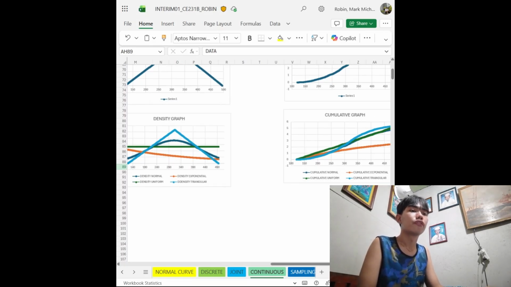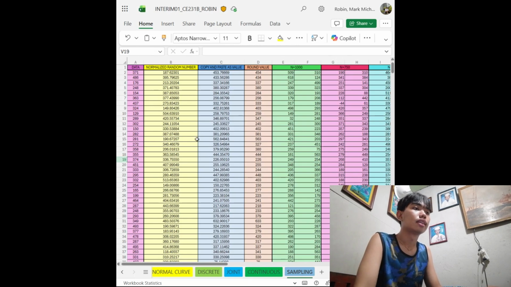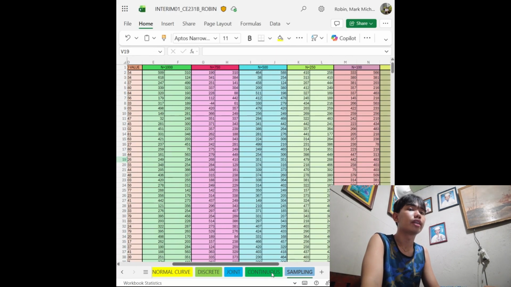For our last, it is sampling. We have the data, and I took random samples, as sir gave us, of 1,000, 750, 500, 250, 150.